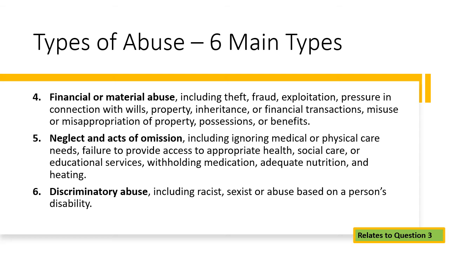Number 5, neglect and acts of omission, so including ignoring medical or physical care needs, failure to provide access to the appropriate health, social care or educational services, withholding medication, adequate nutrition and heating, they're all types of neglect. Discriminatory abuse, so this could include racist, sexist or abuse based on a person's disability.